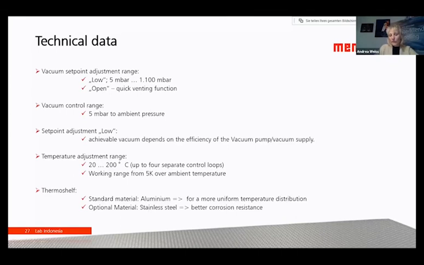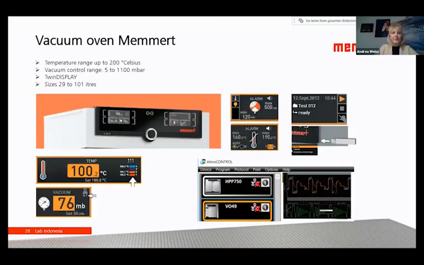In regards to the shelf, please kindly note we have shelves made out of aluminium or stainless steel, and that depends also on the application. So overview, finally, most important factors. So most important factors of a Memmert vacuum oven is the precisely setting and controlling of the temperature and of the pressure.